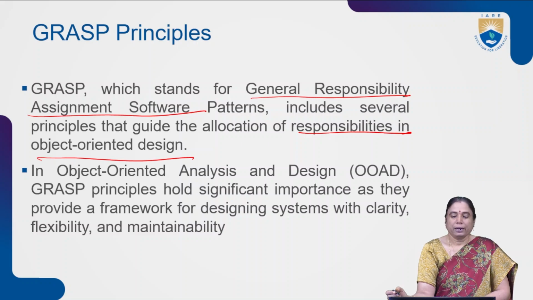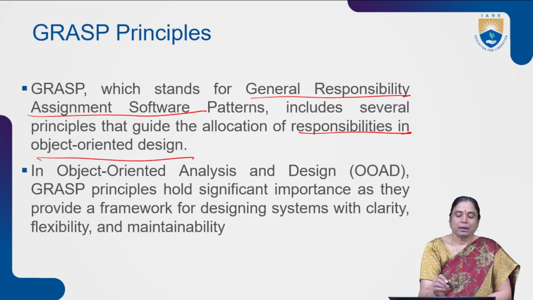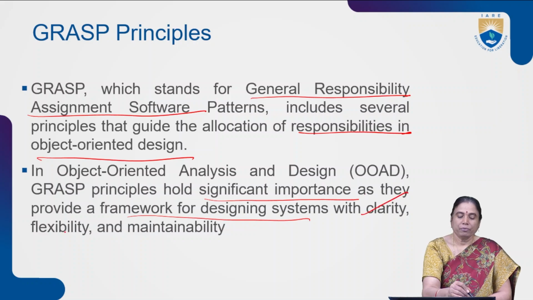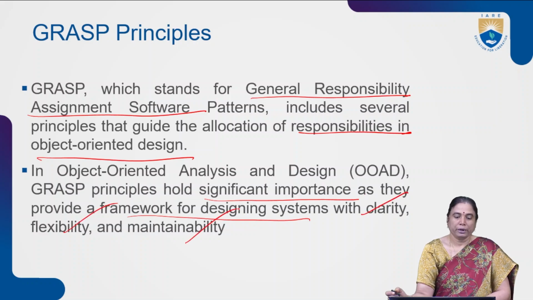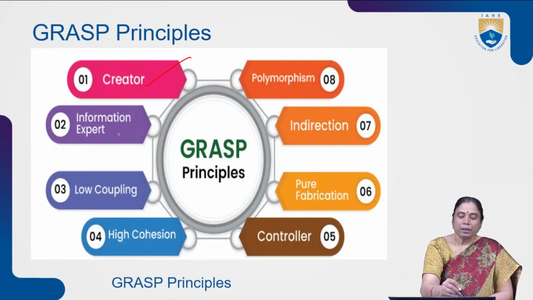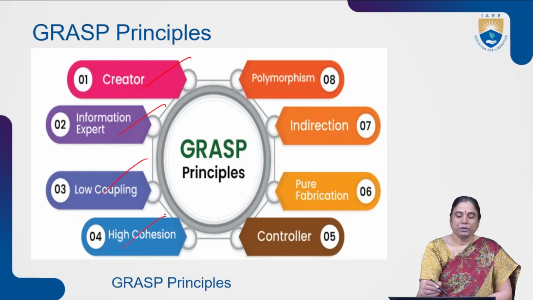In object-oriented analysis and design, GRASP principles hold significant importance to provide the basic framework for designing systems with clarity, flexibility and maintainability. The GRASP principles are creator, information expert, low coupling, high cohesion, controller, pure fabrication, indirection, polymorphism.